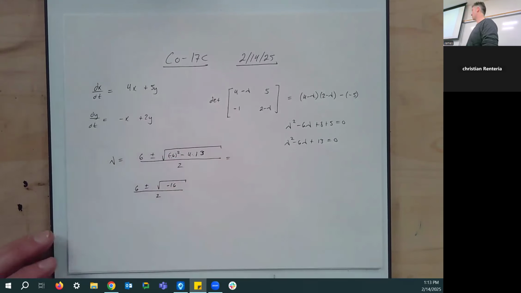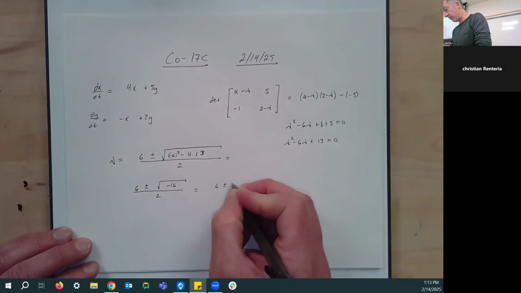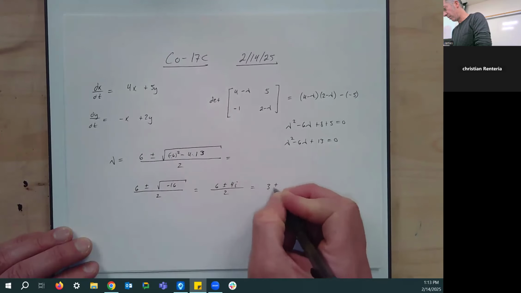And now we can certainly see that we do have imaginary or complex eigenvalues. We're going to get 6 plus or minus 4i all divided by 2, which is 3 plus or minus 2i.